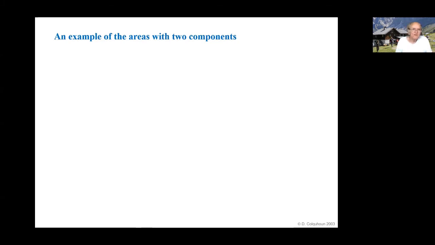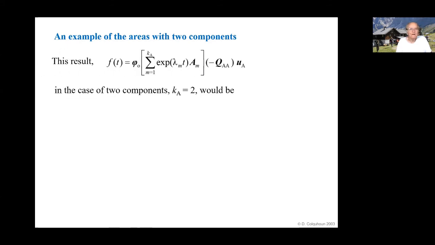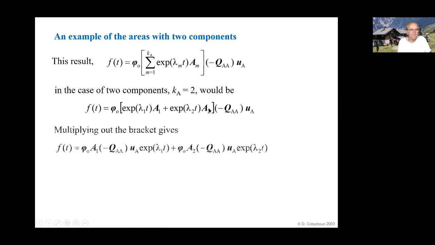Here's an example with two components, as it would be in the mechanism we postulated at the start. This is the open time distribution with the spectral expansion of e to the QAA t inserted in it. So in the case of two components, the spectral expansion would be that, the scalar exponential of the eigenvalues times the two spectral expansion matrices.